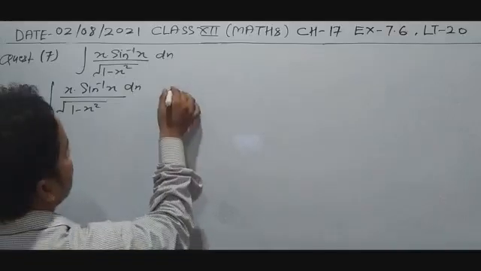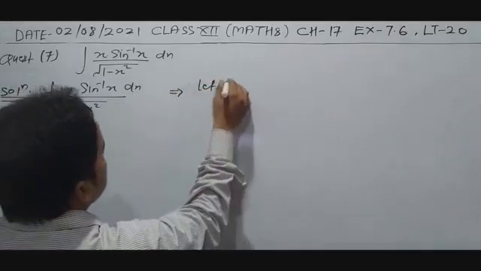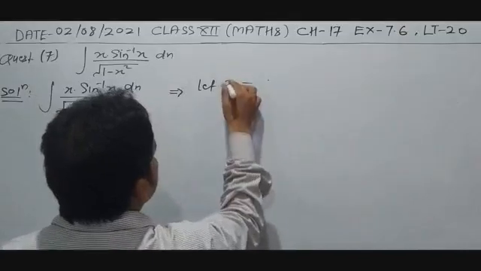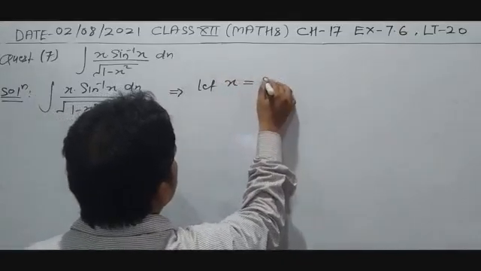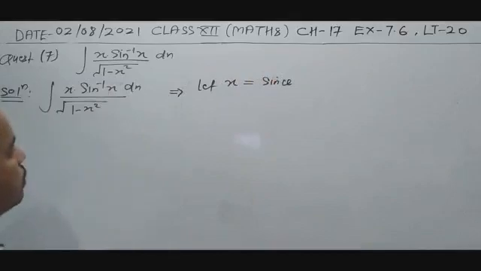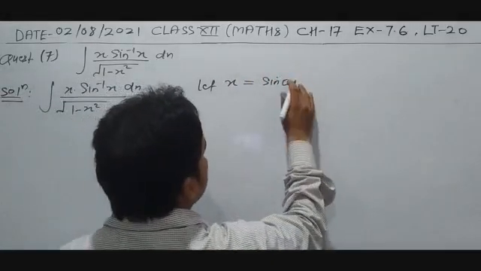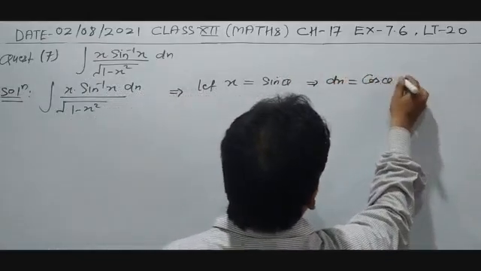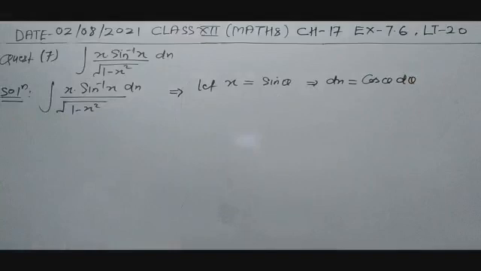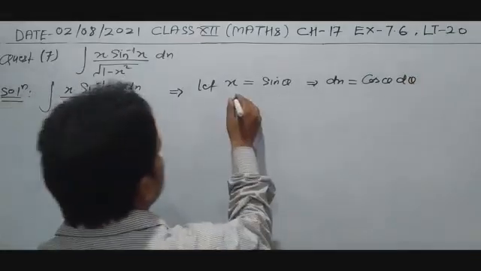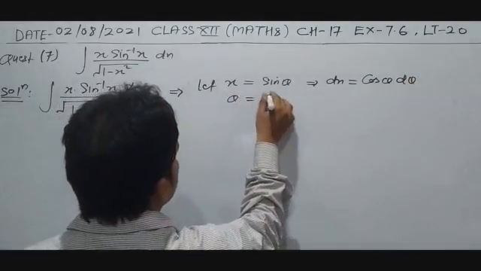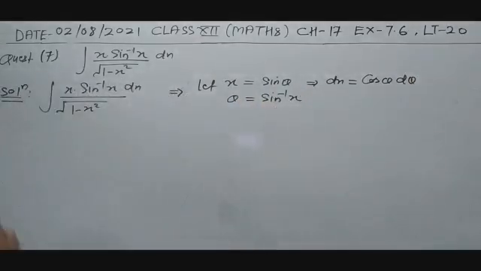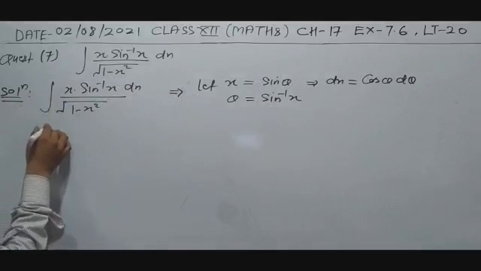Now let x is equal to sine theta. This implies dx will be equal to cos theta d theta. Now theta will be equal to sine inverse x.